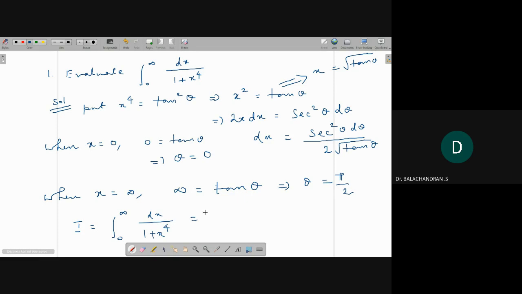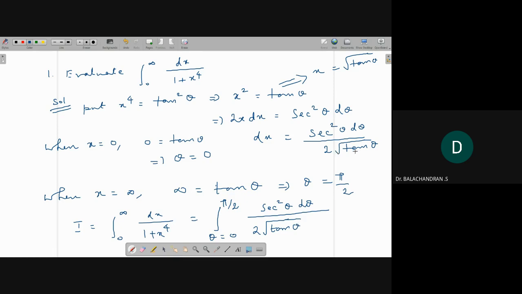Now everything in terms of theta, so theta varies from 0 to pi by 2. dx is equal to secant square theta d theta divided by 2 into root of tan theta.